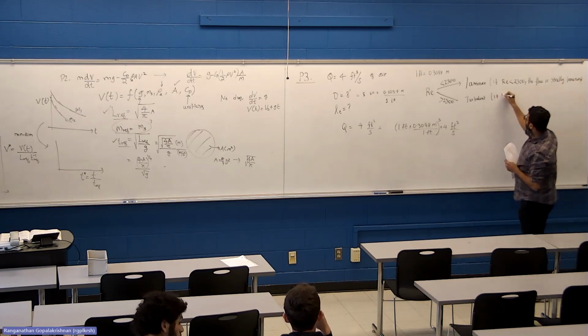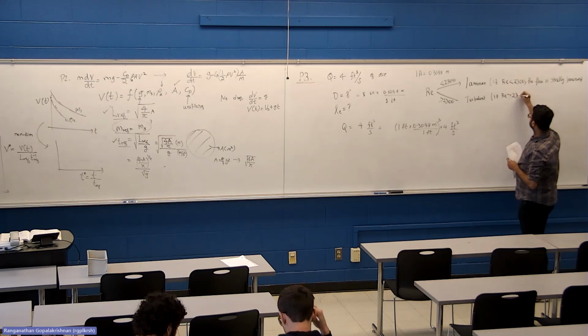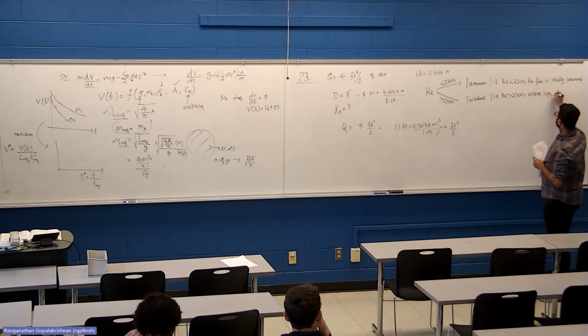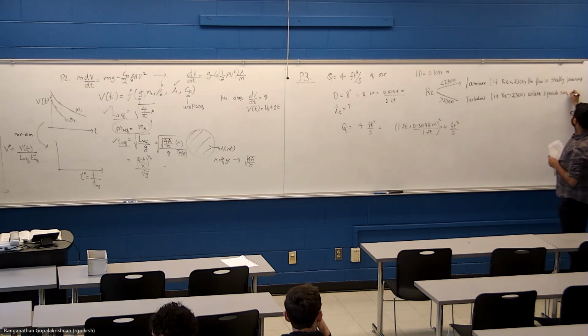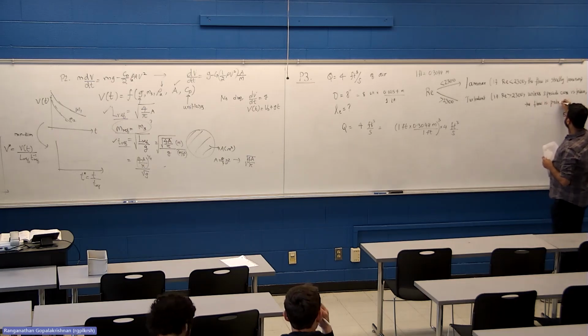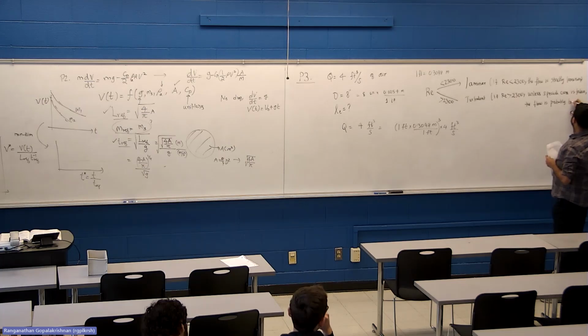If Reynolds number is greater than 2300, unless special care is taken, the flow is probably turbulent.